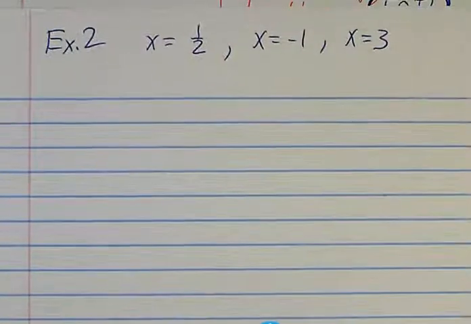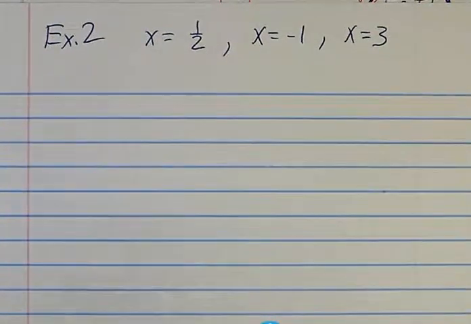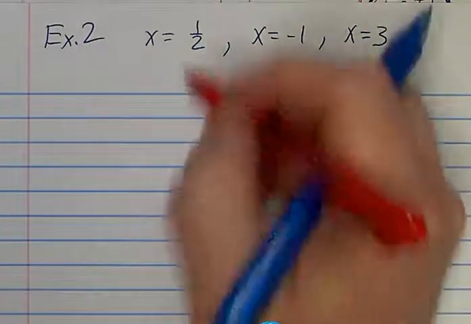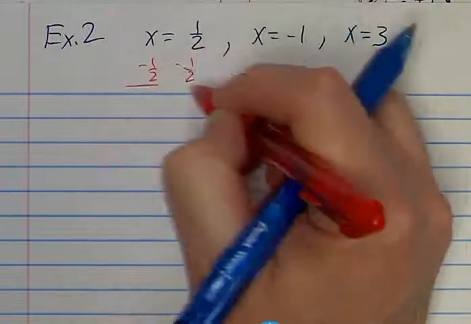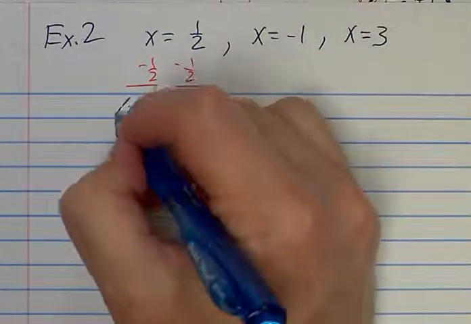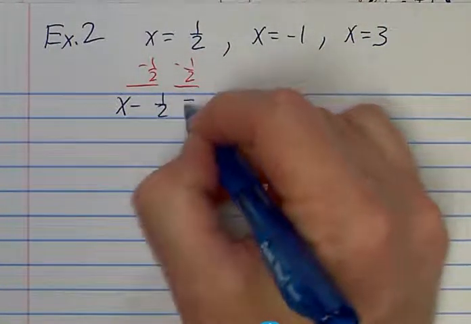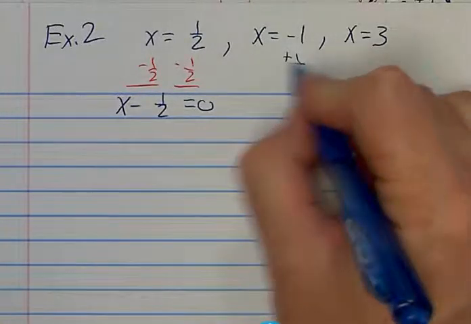Okay, so very first thing is we're going to take those solutions we have and make it so they're equal to 0, so we're going to move them to the other side. Since that's a positive 1/2, we're going to subtract 1/2 on both sides. This one we would add 1 to both sides.